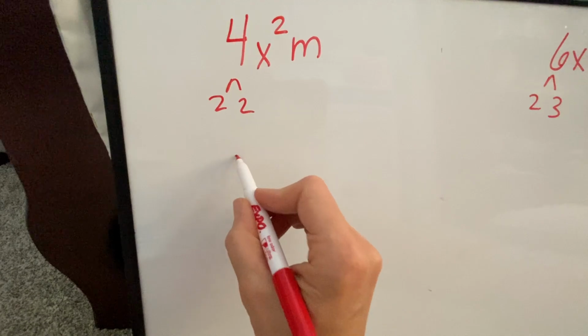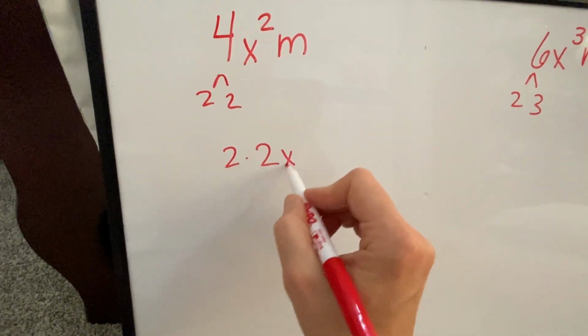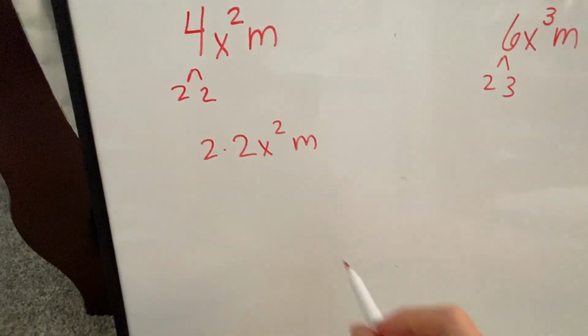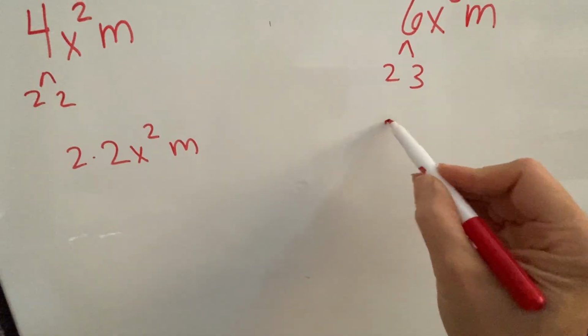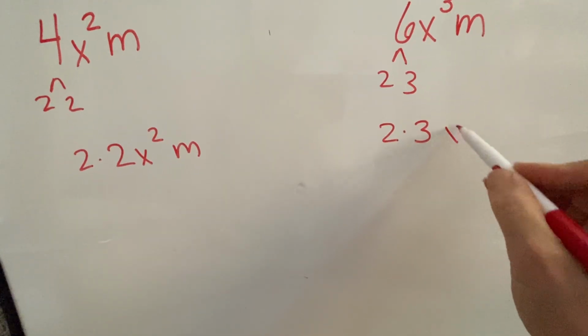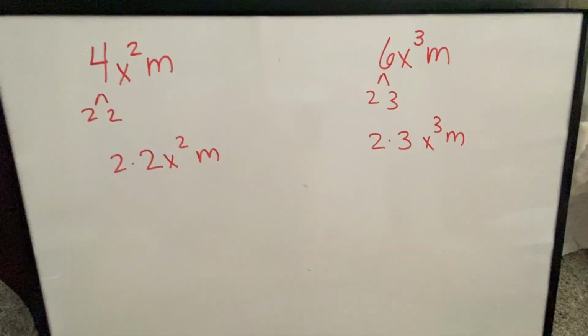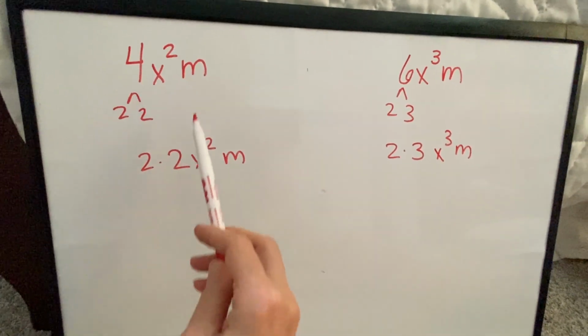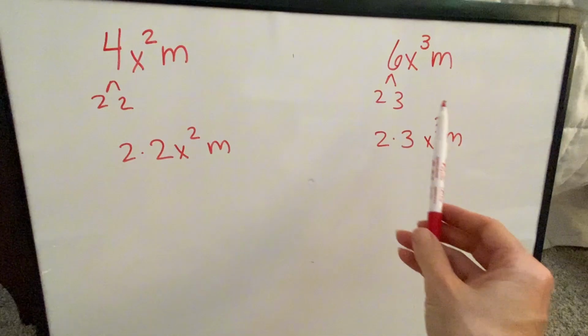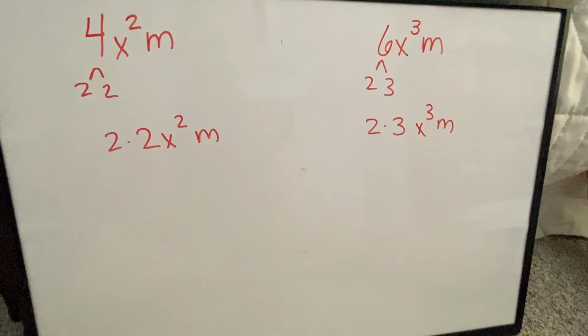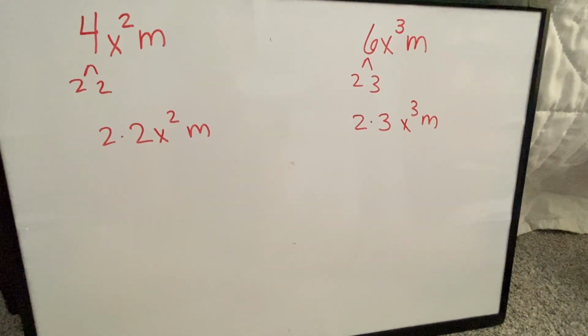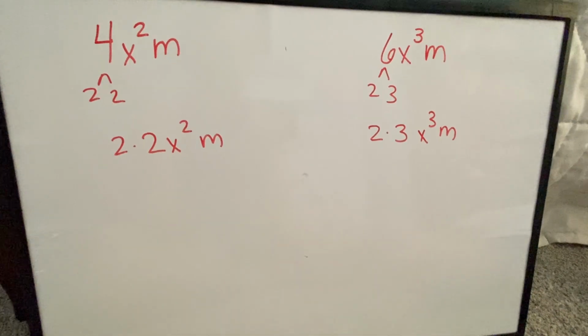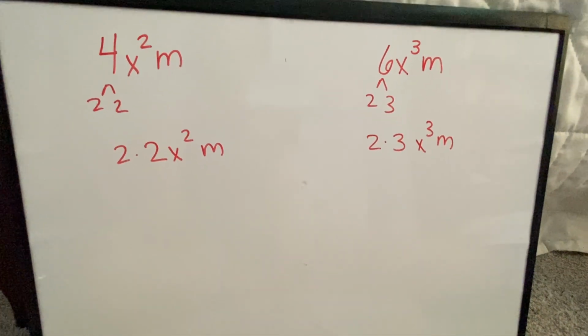So really this is 2 times 2x squared m. And this is 2 times 3x cubed m. Now notice I did not write x times m or x times x times x times m because I just feel like that's an extra step that's not necessary if you understand the concept behind it, okay?